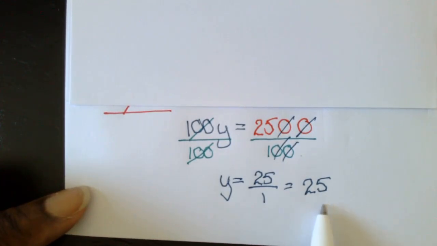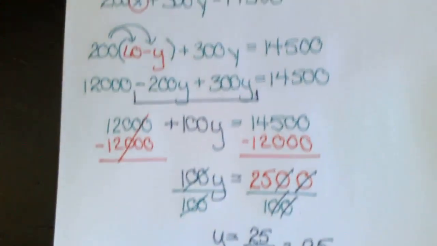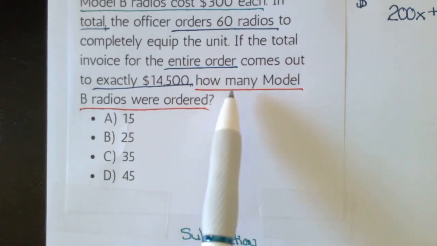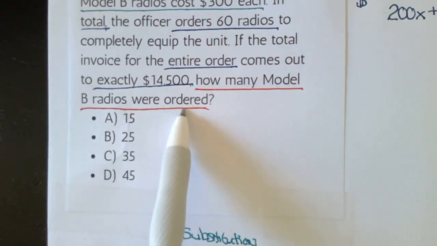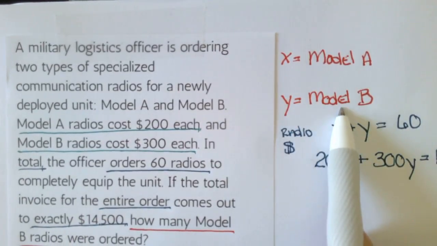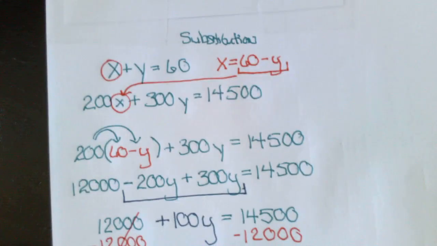So what does this 25 mean? Every time we get an answer, we go back to the original question. The original question was, how many Model B radios were ordered? And we said from the very beginning that Y is going to represent the Model B radios.